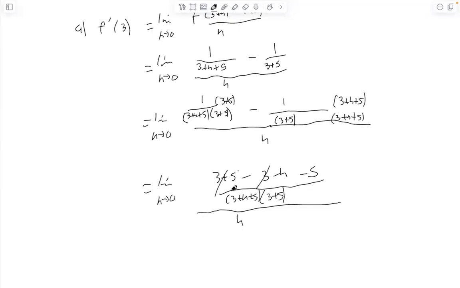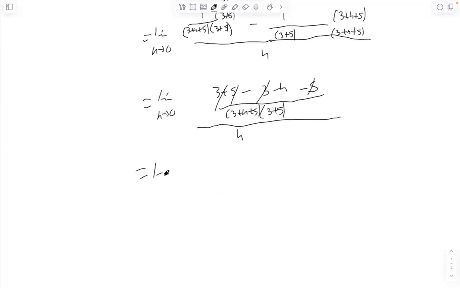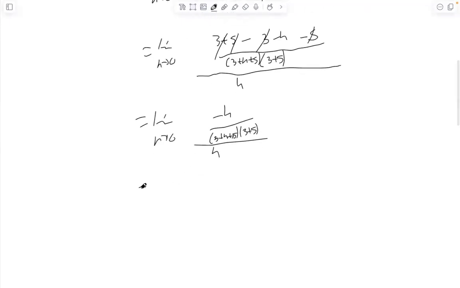The 3 is going to cancel. The 5 is going to cancel. I'm going to get limit as h goes to 0 of negative h over 3 plus h plus 5 times 3 plus 5, all over h. Now we're going to think, how do you divide fractions? Keep, change, flip.